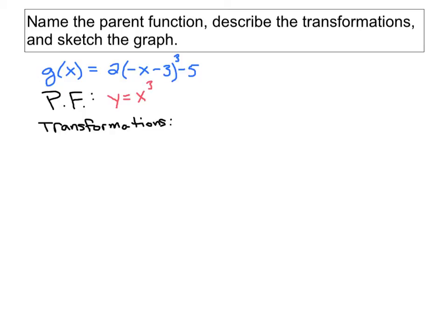Okay, now transformations. Let's see here. Do we have any flips? What kind of flips do we have? Well, we have a negative being multiplied to the x on the inside. So it's a negative x, so that's going to be a y-axis flip.